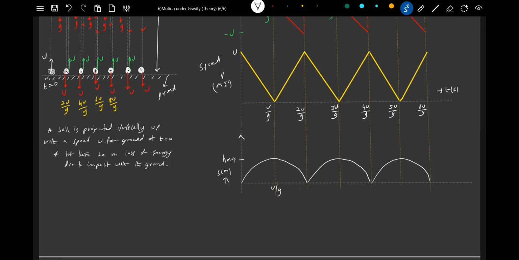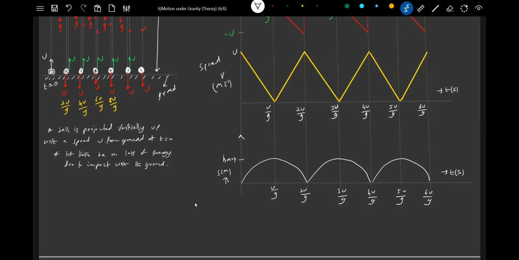And this is u by g, 2u by g. Like this, the position versus time graph will be there.